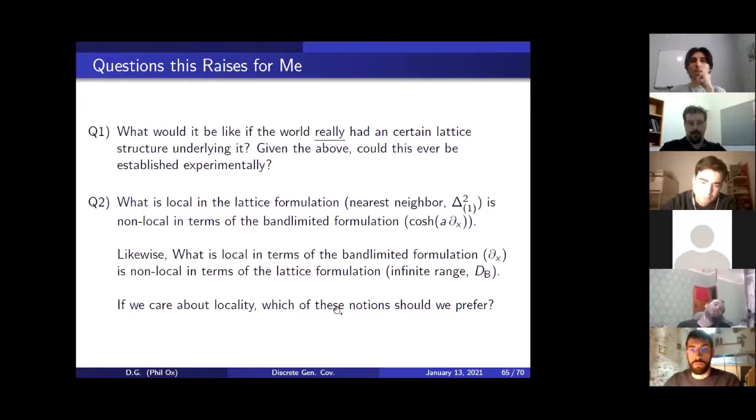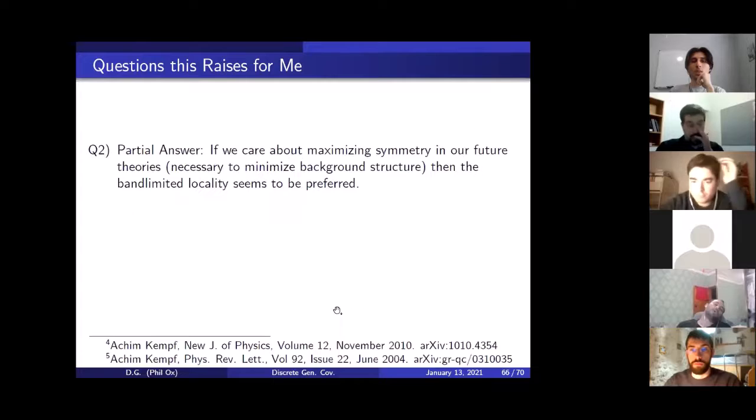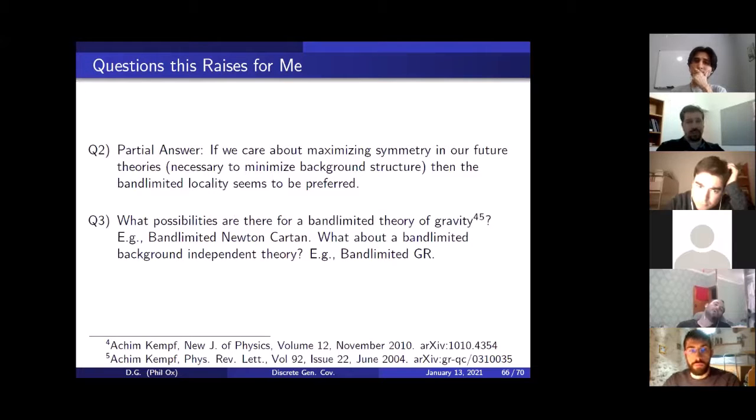Which one should we prefer? A partial answer to this, I think, is that we saw that maximizing our symmetries in our future theories, which we might be wanting to do, breaks this and tells us that the band-limited formulation is the one we should go with. And so it's the locality of that formulation that we should probably be caring about. But I'm open to other perspectives on that.